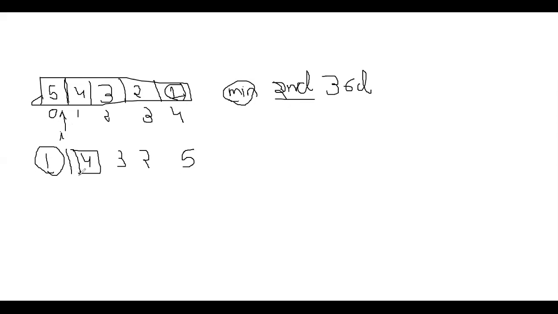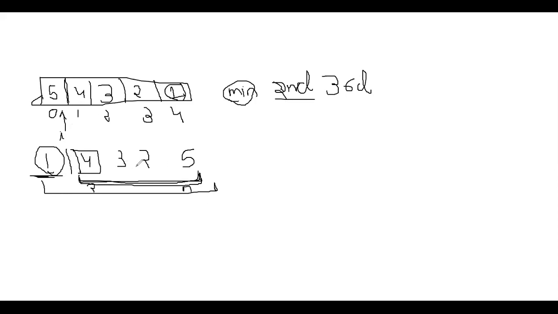Now we are trying to find the second minimum element and place it at the right position. We want to find it from index 1 to n, since we know we have placed the minimum element at the 0th index.